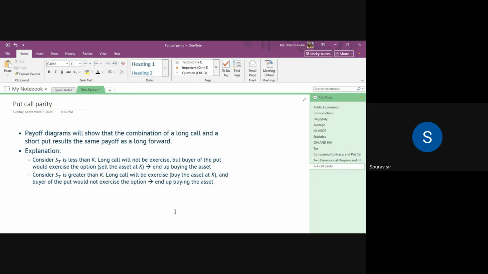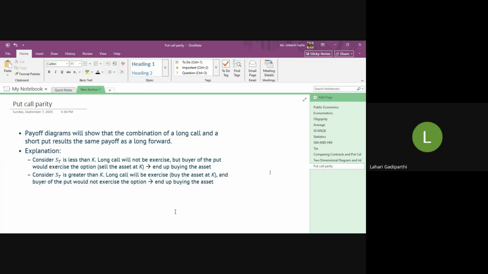And like financing cost, as I have told you, we are separately taking out the values and case by case we did it. Forward call I did with you, forward put I told you.